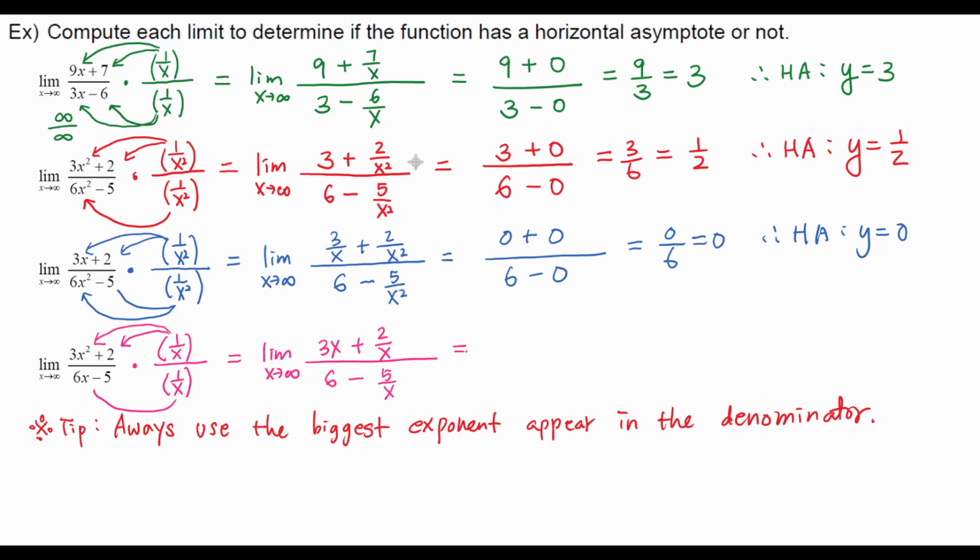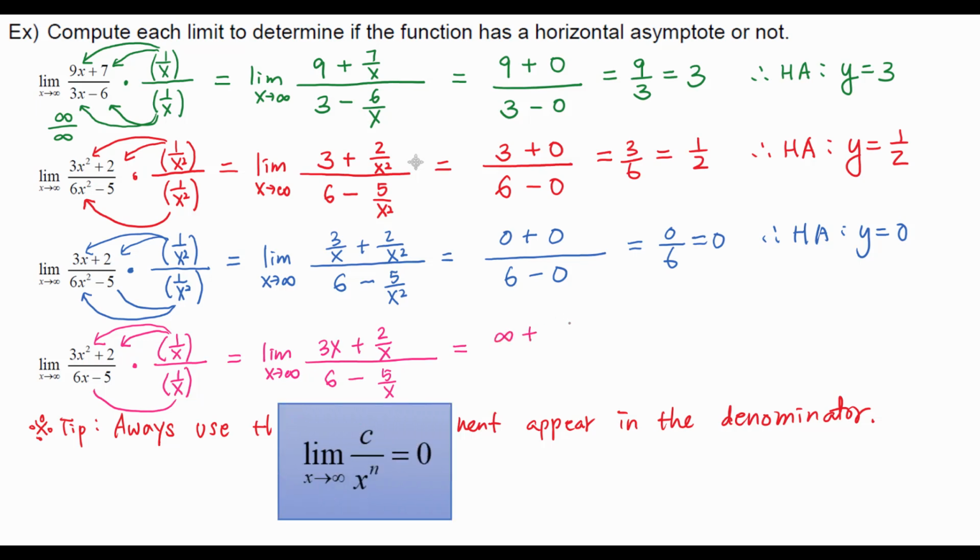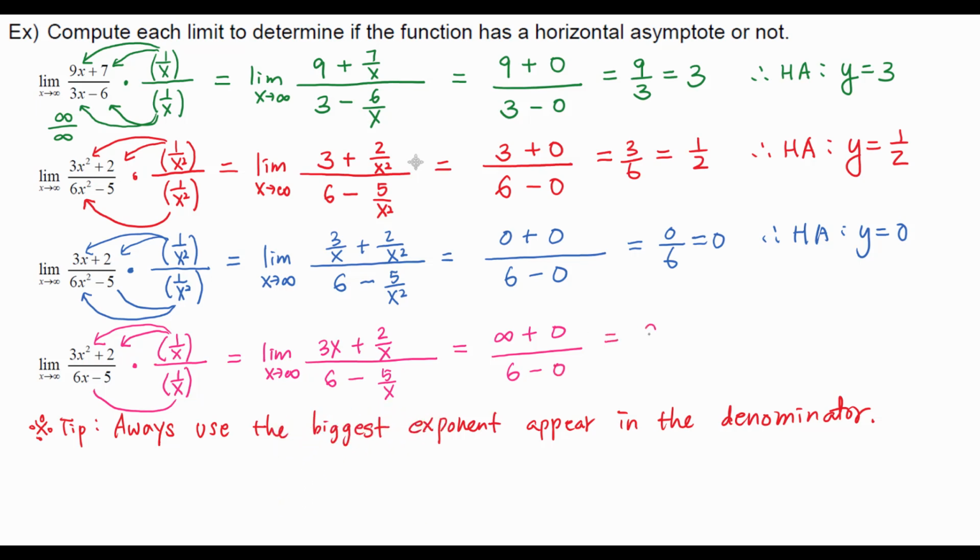So as you send x to infinity, 3x will go to infinity, plus 2 over x will go to 0. The limit of 6 is 6, minus the limit of 5 over x as x approaches infinity, which is 0. So I get infinity over 6, meaning my numerator is going to keep getting bigger and my denominator stays as a 6.